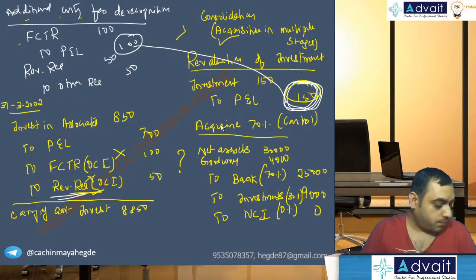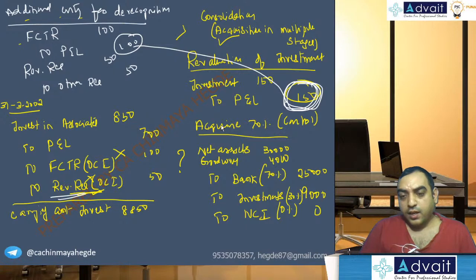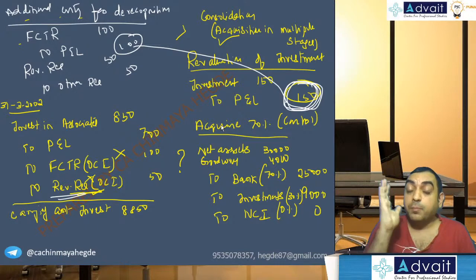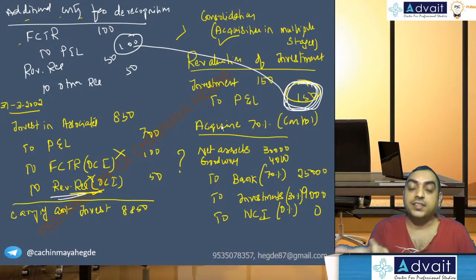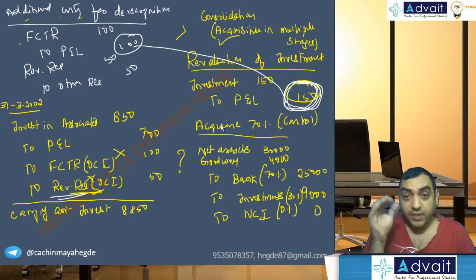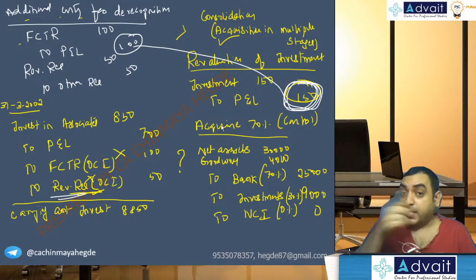Ajay Chandra asks: is FCTR the same as recycled to P&L at the time of sale, like in the earlier example? Yes. In that case, the subsidiary company is sold, therefore FCTR is derecognized to P&L. In this case, associate becoming subsidiary, you have to treat it like the investment is sold, therefore FCTR to P&L account.